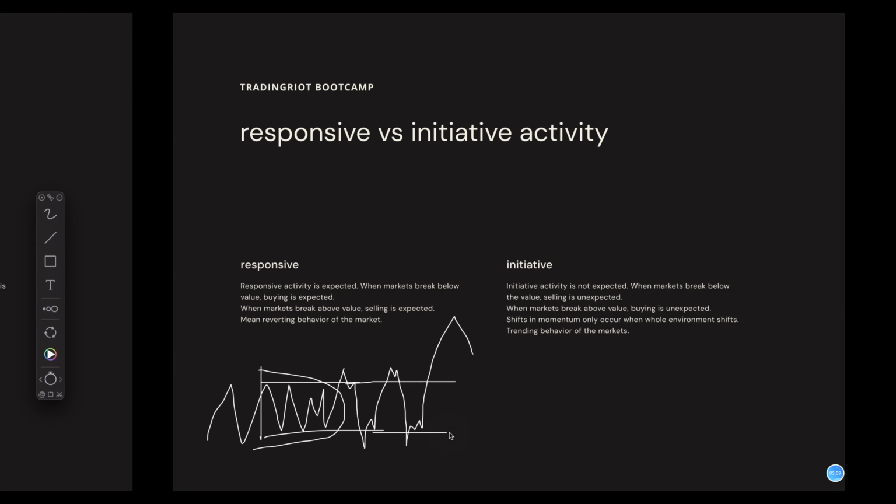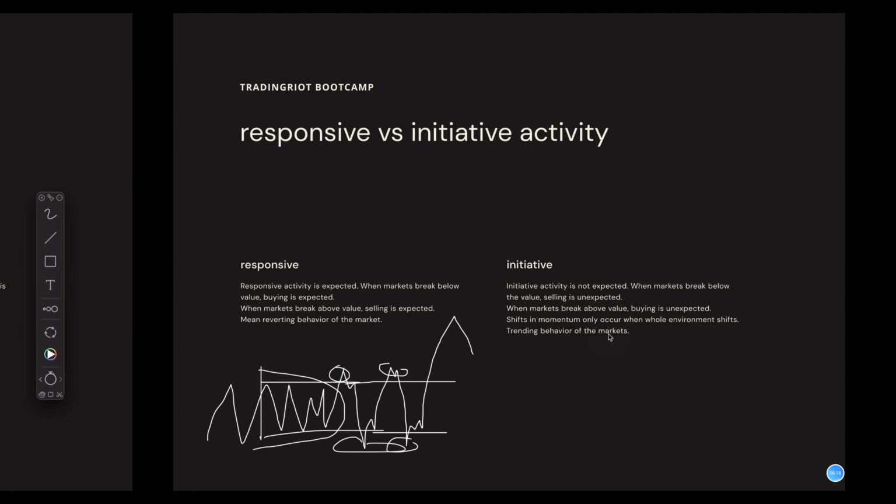So this is your responsive activity, which is often expected, and this is the initiative activity, which is not expected. When markets break below the value, selling is unexpected, and when markets break above the value, buying is unexpected. Shifts in momentum only occur when the whole environment shifts.